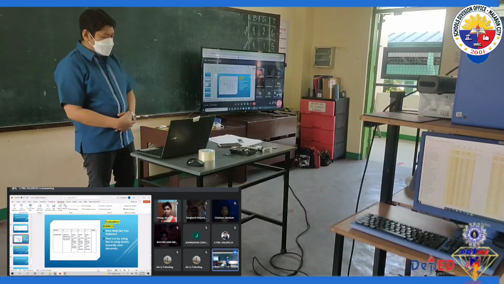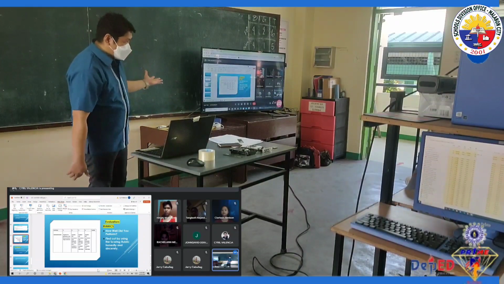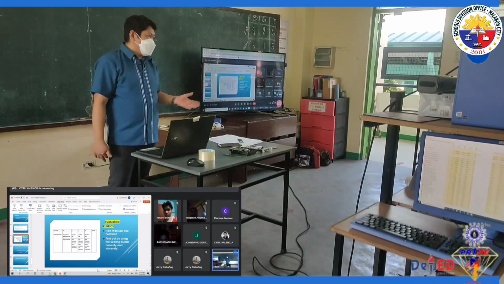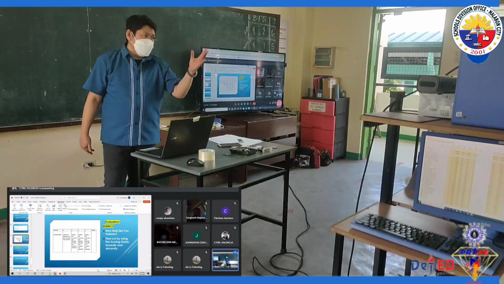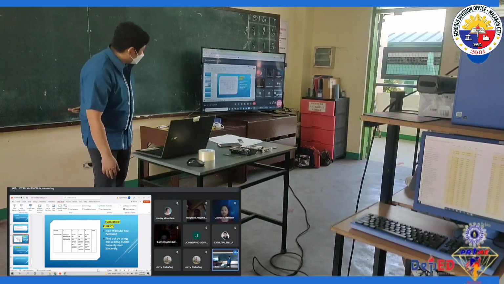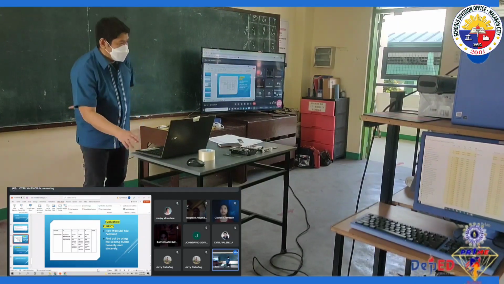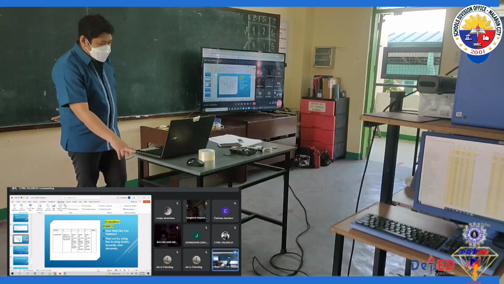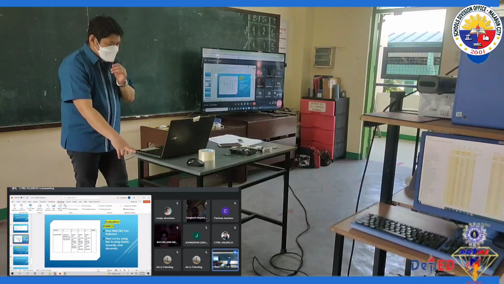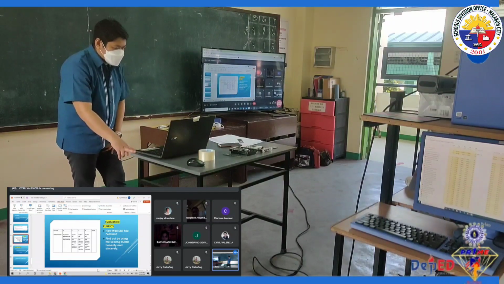Now, for our peer-to-peer evaluation, we have here a rubric that you will use and follow to score your classmates, online and on-site. So, we have the following criteria for workmanship. 5. Apply the procedure and follow the 4 steps correctly. 4.